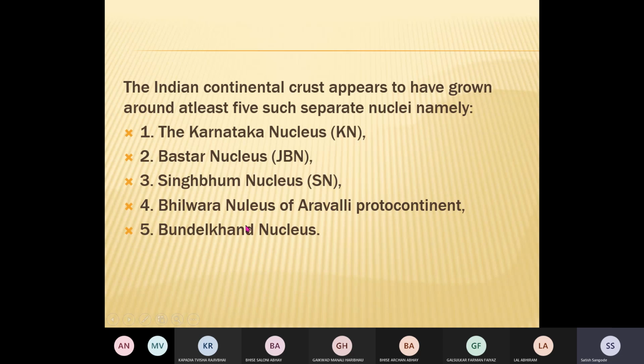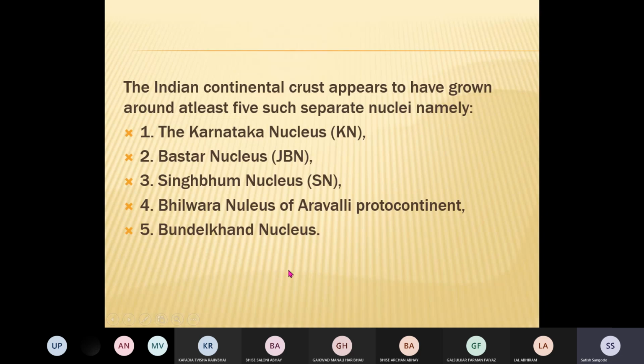And fifth is the Bundelkhand nucleus. So these are the regions to find the oldest rocks over the Indian plate. Dating of these nuclei is still in a preliminary stage. Lot of dates are not available, but we definitely know they are the oldest rocks.